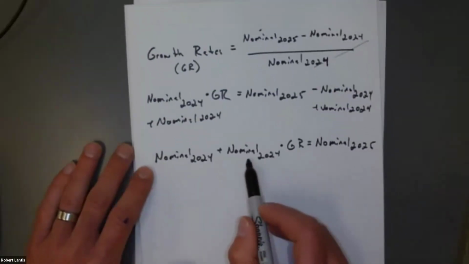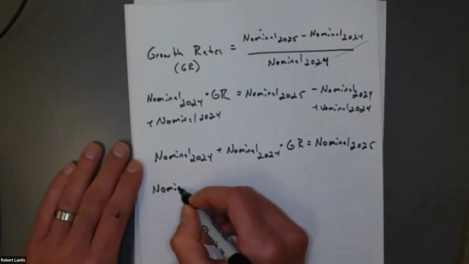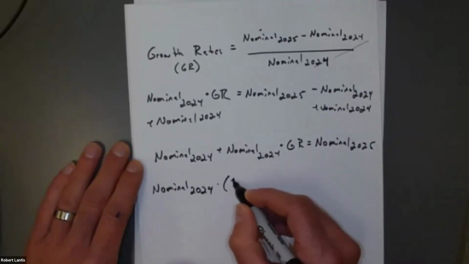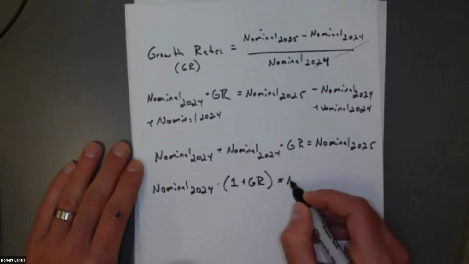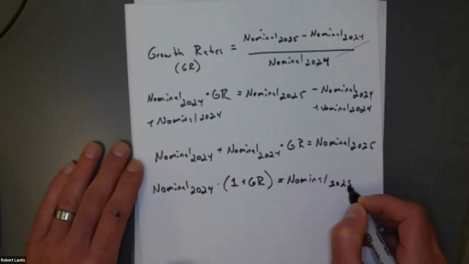Well, I can rewrite this. I've got nominal GDP in both of these. I could rewrite this as my nominal GDP in 2024 times 1 plus that growth rate. That should be my nominal GDP of 2025.